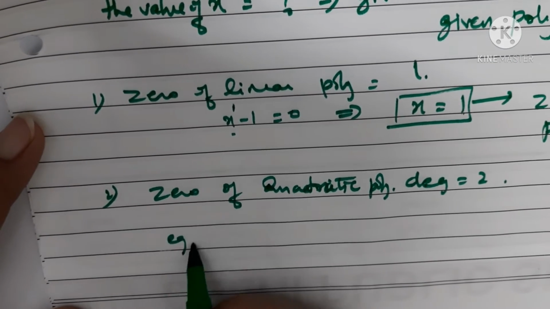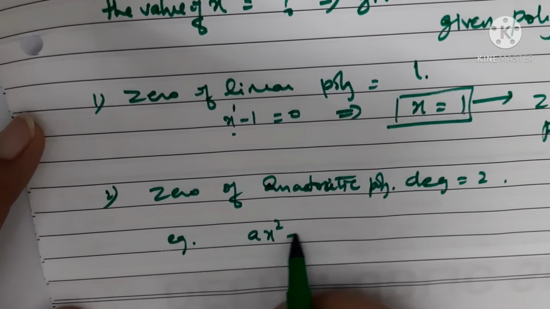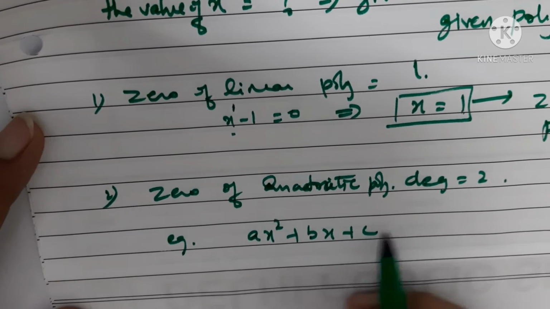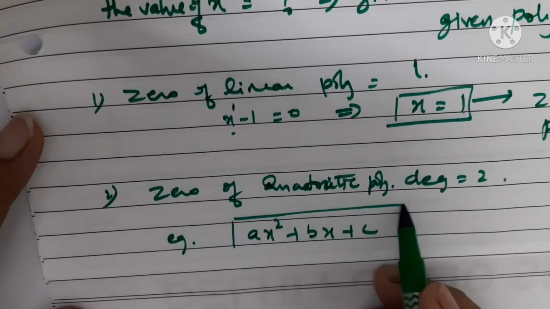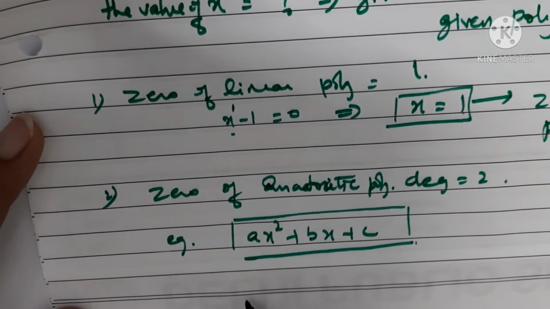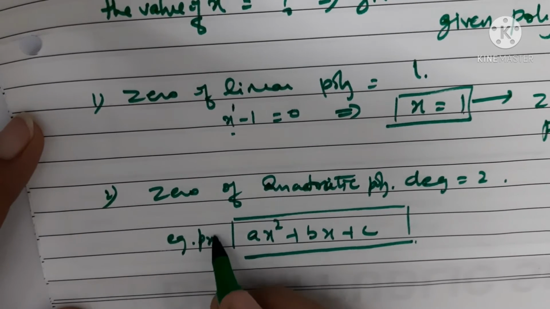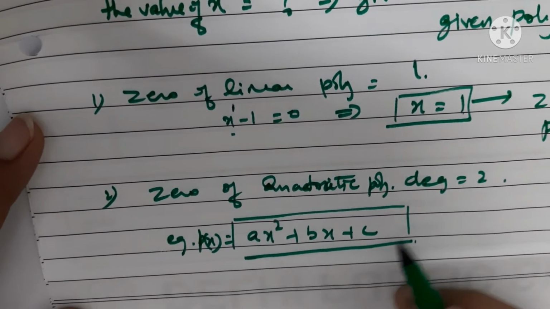For example, in the case of ax square plus bx plus c, what will you do? Again you have to do the same thing. Suppose this is p(x) equal to this.